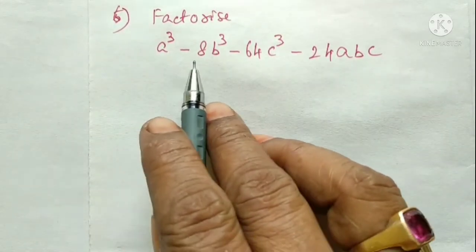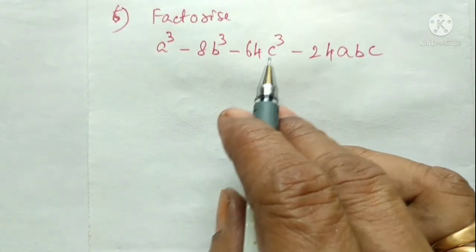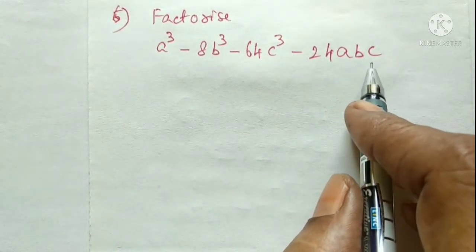Factorize a cube minus 8b cube minus 64c cube minus 24abc.